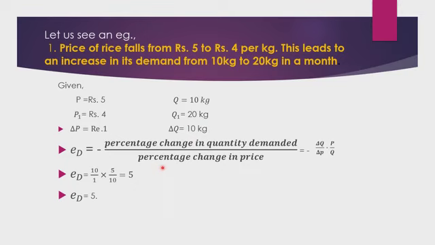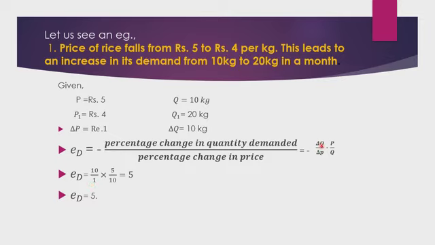Now according to our formula, we know that it is the percentage change in quantity demanded by the percentage change in price. What we see from the formula is that the change is Q1 minus Q0. So 20 minus 10 gives us 10 kg. Similarly, your initial price was 5, so 5 minus 4 gives us 1.